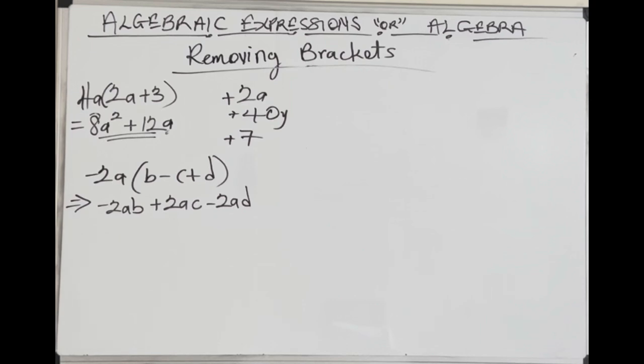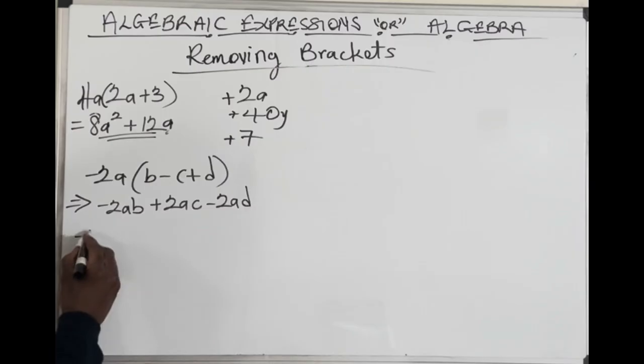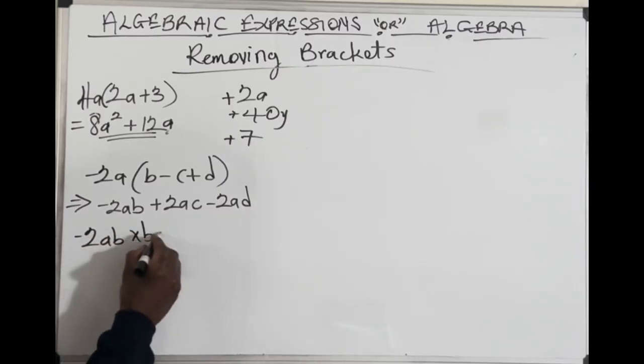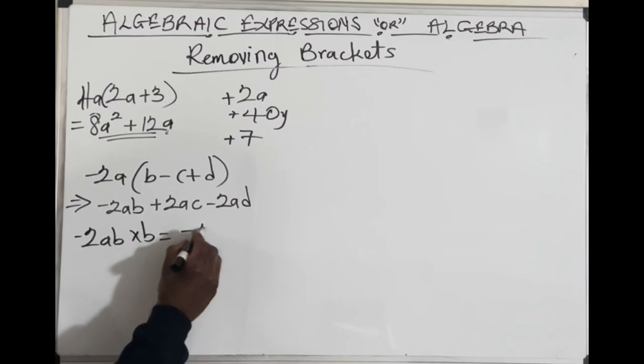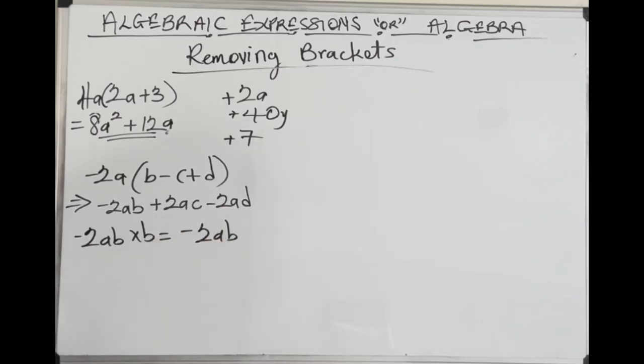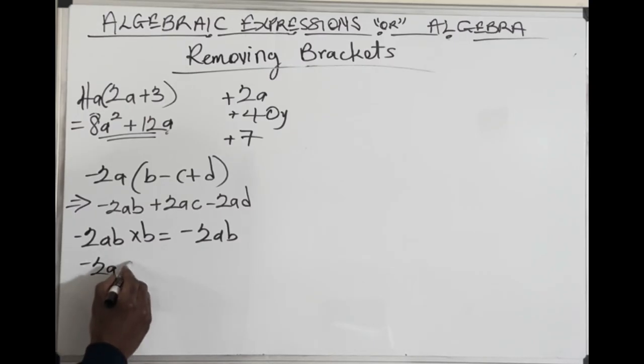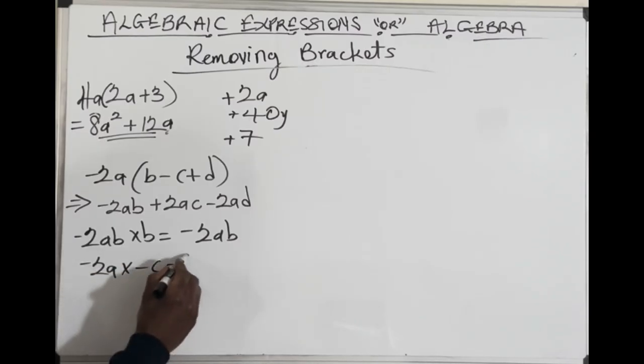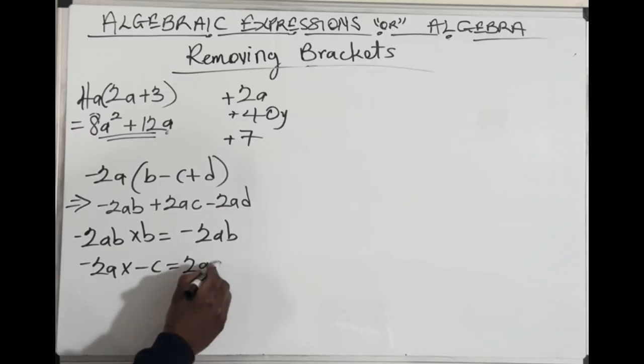You should also know that negative 2a times b is equal to negative 2ab. And then we should also know that negative 2a times minus c is 2ac.